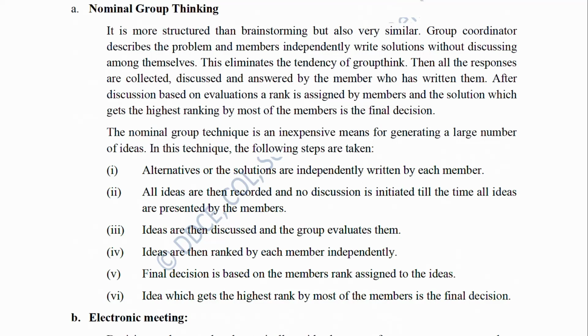After discussion based on evaluations, a rank is assigned by members and the solution which gets the highest ranking by most of the members is the final decision. The nominal group technique is an inexpensive means for generating a large number of ideas.